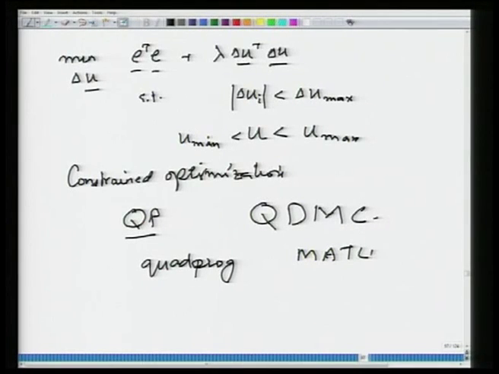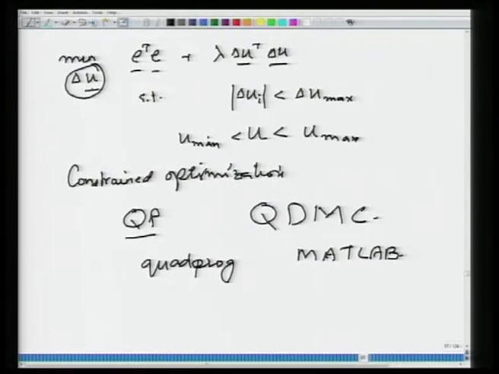There is a lot of theory that goes into it, and I do not think we will go into it here. The point to be noted is, what I am trying to do is figure out the best control moves, so that what should my future set of delta U be, so that my objective function is minimized, and my objective function is trying to minimize the deviation from the reference trajectory and the control effort.